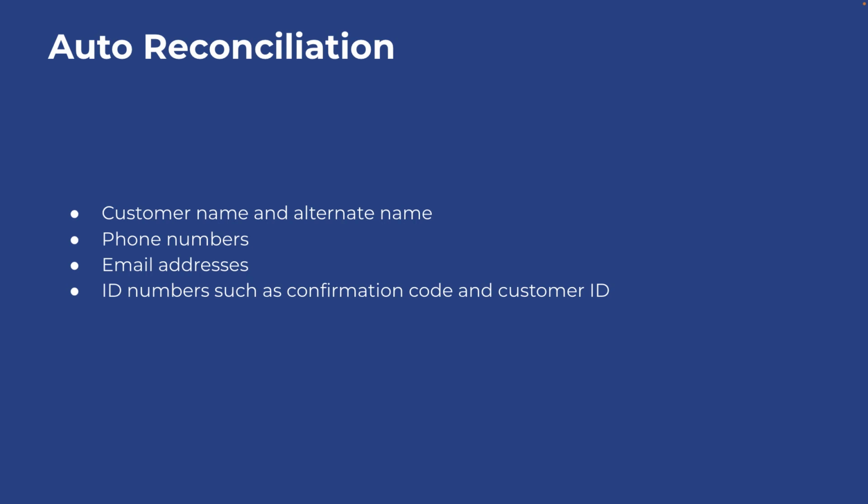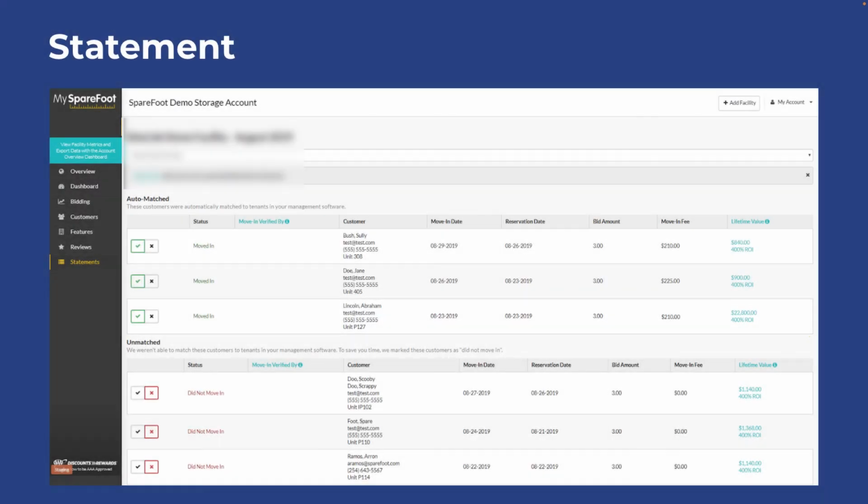So what does an auto-reconciled statement look like? Statements visually look different when using auto-reconciliation versus manually reconciling. Auto-reconciled statements are broken into two sections: auto-matched, which are customers who moved in, and unmatched, which are customers who did not move in.